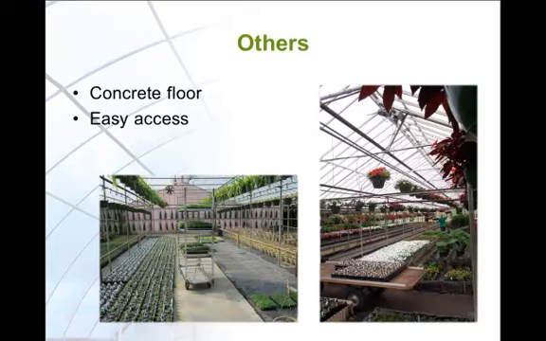Easy access is important. You do not want to maximize your space utilization while increasing labor access difficulty. The picture to the right shows a long, narrow path that workers must walk and carry plants by hand. Logical traffic flow is important to improve labor efficiency as well.